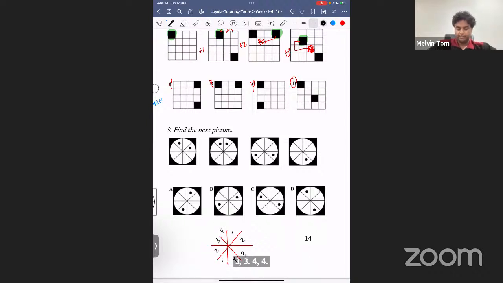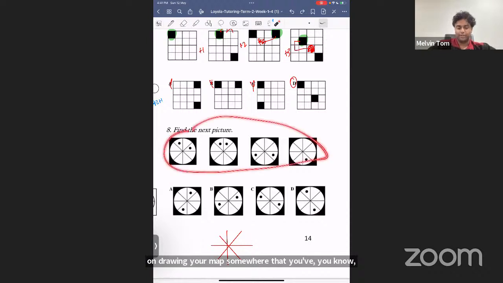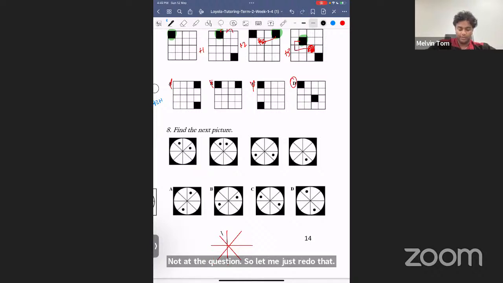Oh, I made a huge mistake. This is a classic mistake that happens. So many students fall for this mistake where you're so focused on drawing your map somewhere that you fill in the map of the answers and not of the question, right? Not of the question. So let me just redo that. So it is 1, 1, 2, 2, 3, 3, 4, and that's it, right?